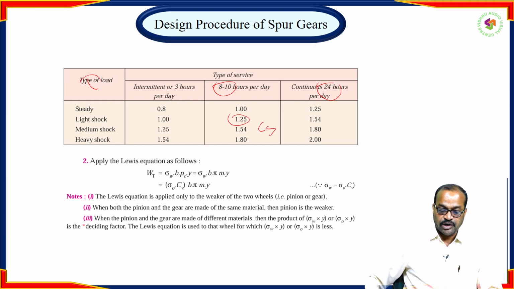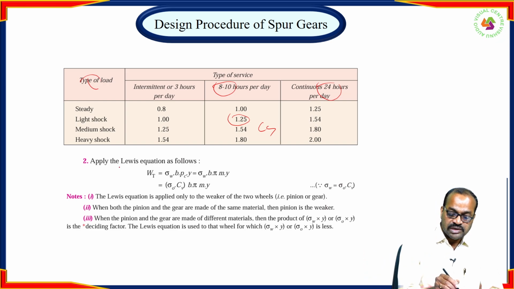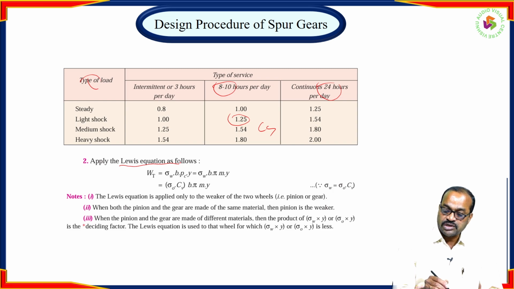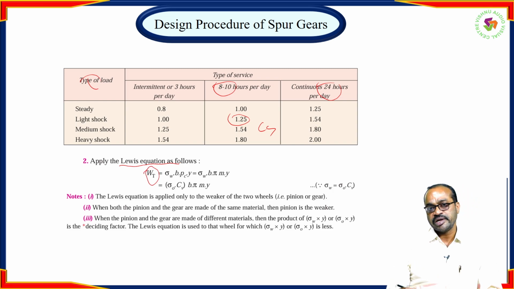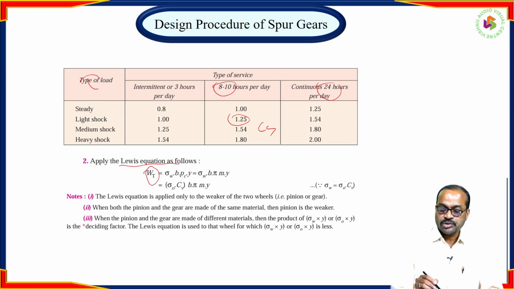Okay, fine. So once the first step, WT, tangential tooth load, is completed, next we can start applying the Lewis equation. By using the Lewis equation, once again we are going to calculate WT. Here another formula we are using: sigma B pi m y, where sigma is stress, B is face width, m is module, y is form factor.